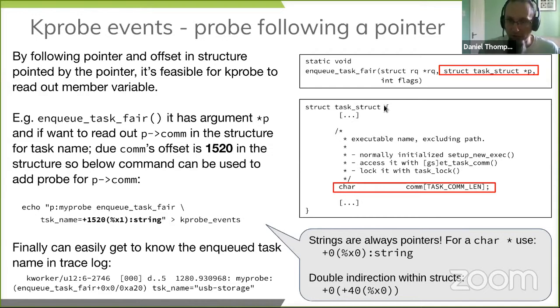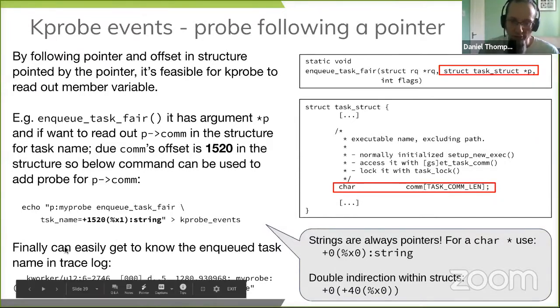Bear in mind that this is an embedded string built into the structure, which is why we can do that. If we had a char star, we do have to dereference it at offset 0 to get the underlying string from it. Just that kind of syntax.